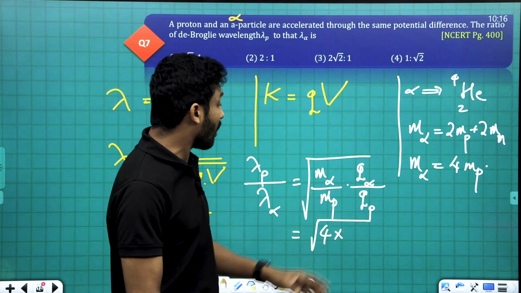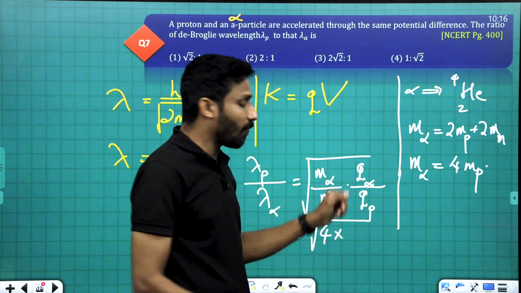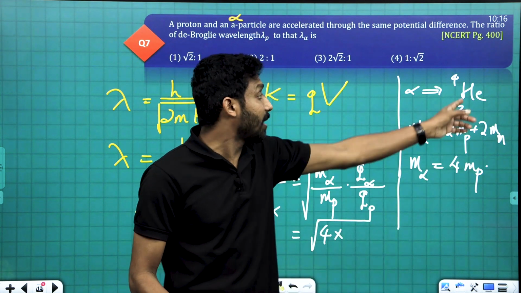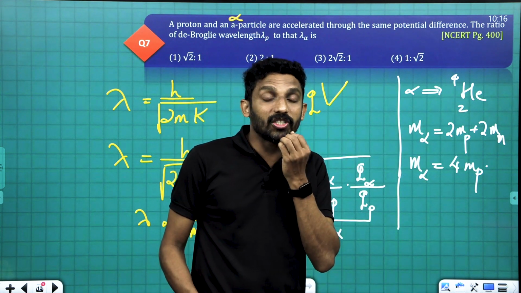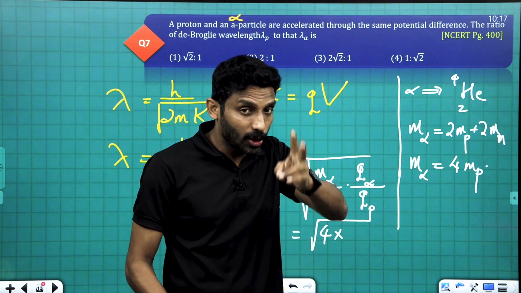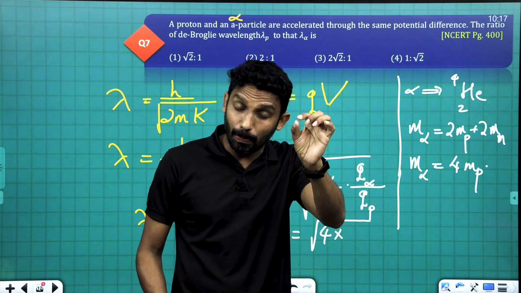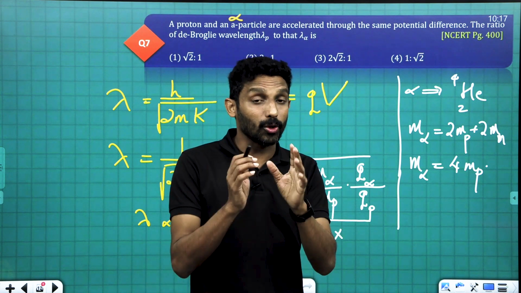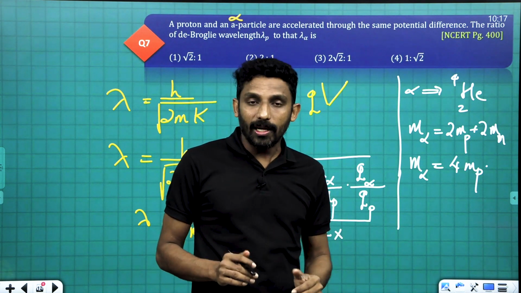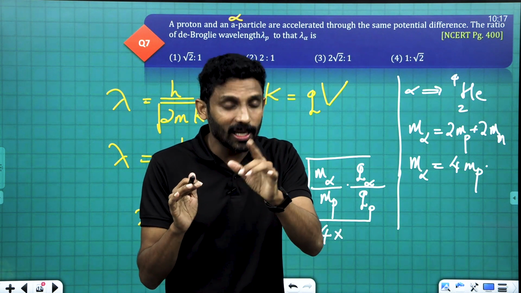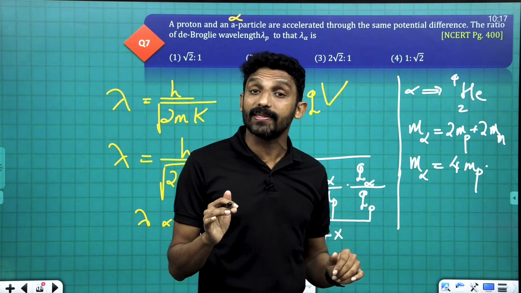Now what is the charge of alpha? What is alpha particle? Helium nucleus. Which are the particles in helium nucleus? 2 protons and 2 neutrons. 2 protons have 2e charge, positive 2e. The charge of a proton is e, equal to 1.6 into 10 power minus 19 coulomb.